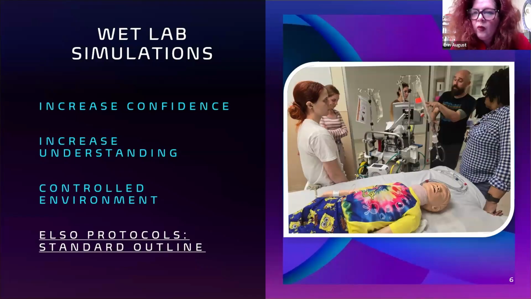Simulation and wet labs increase confidence by making our teams not afraid. Going back to the general idea of education, when we're learning in a clinical or tactile manner, see one, do one, teach one has always been an effective platform in the clinical world, so it definitely increases confidence.